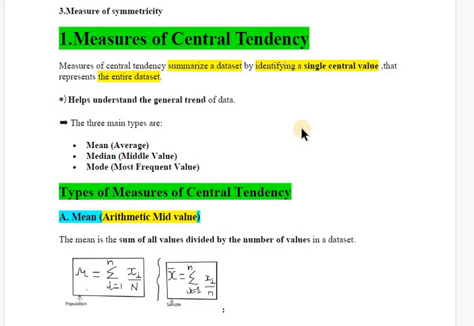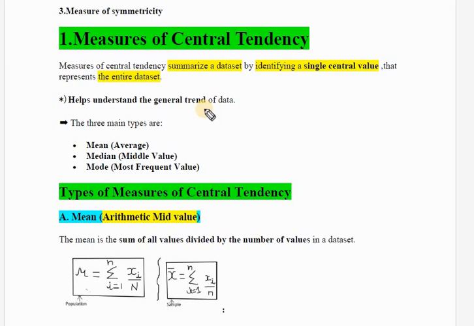Why are these central tendencies used? We study measures of central tendency to understand the general trend of data. What is the meaning of the general trend of data? Take the example of uptrend and downtrend, in the case of stock prices: stock prices getting increased, getting down.